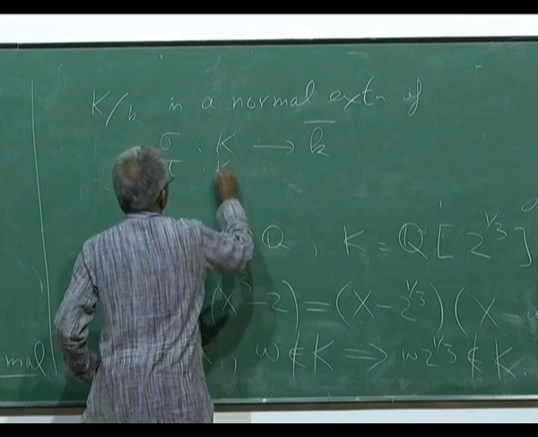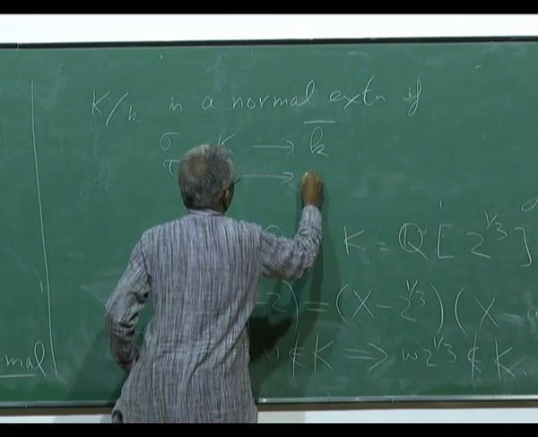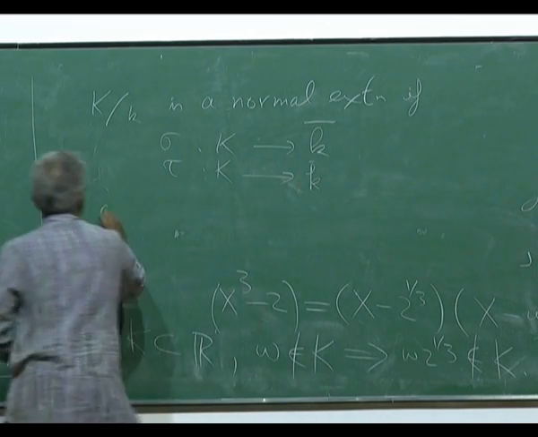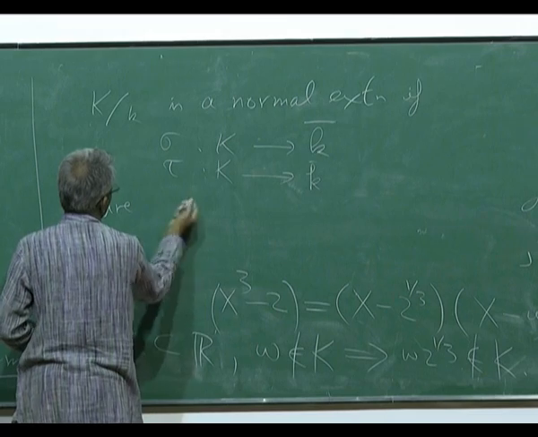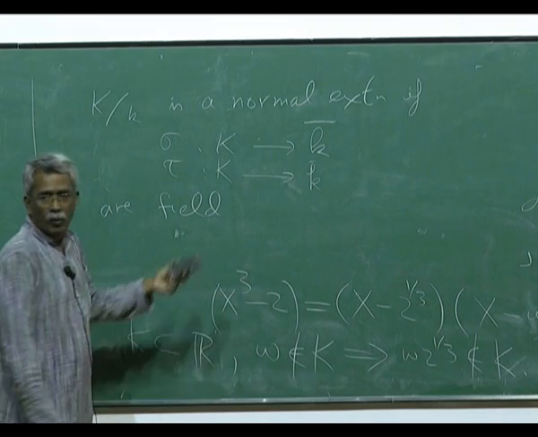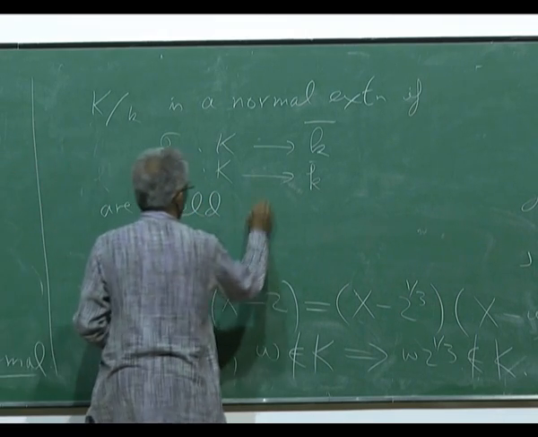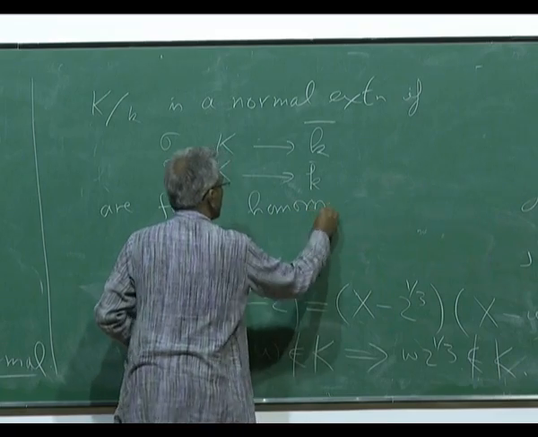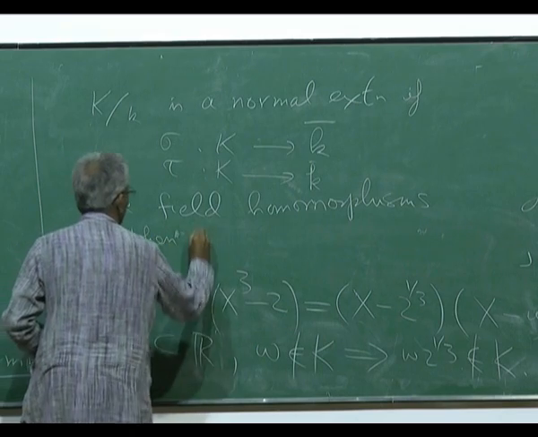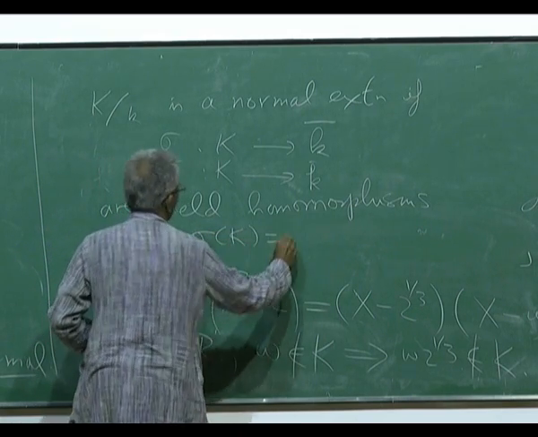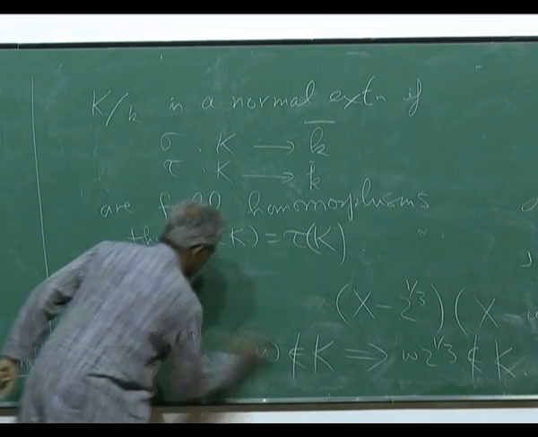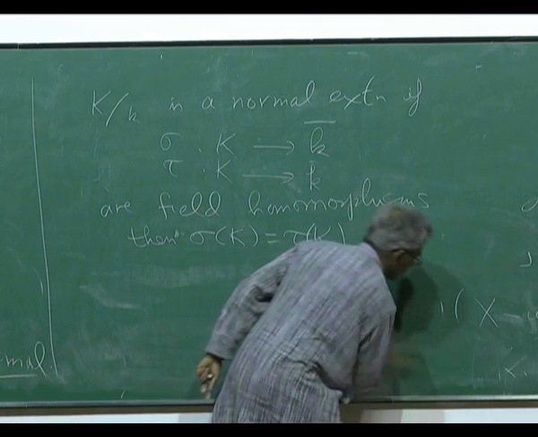Capital K, sigma is one embedding, tau is another embedding, or if these are field homomorphisms, automatically they will be embeddings, then sigma(K) must equal tau(K). This is the definition of normal field.